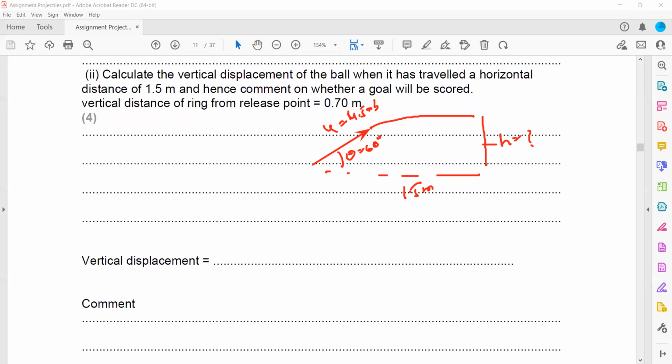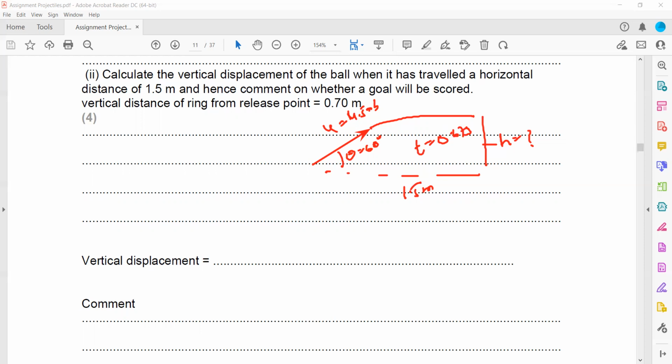Because h is not the maximum height. Maybe it continues to rise, maybe it's just coming down, we are not sure. That's why we just need the height of this projectile when it covered 1.5 meters horizontally. When it covered 1.5 meters horizontally, it took about 0.67 seconds, or I can say 0.7 seconds.